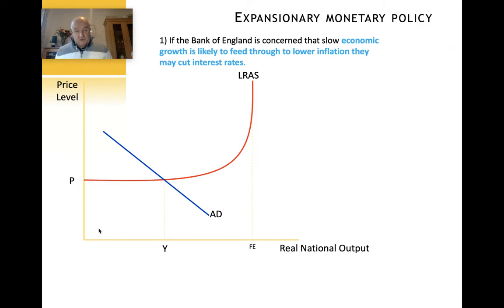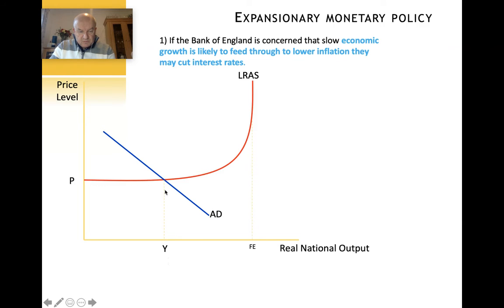So this would be expansionary monetary policy. Again, remember, always label your axes. Make it as clear as possible. Make sure you've got your equilibrium point in there, and also draw up exactly where these scenarios are.